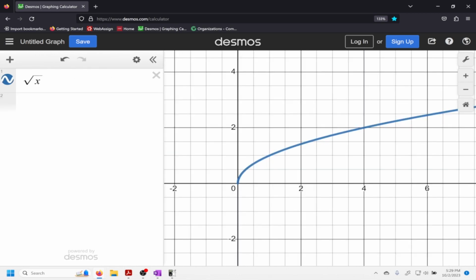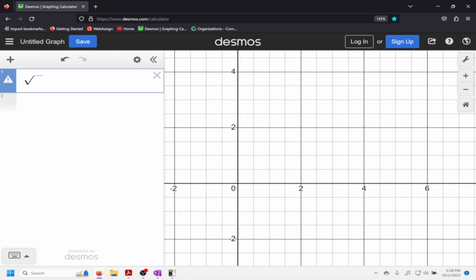We're going to graph the square root of 7x minus 14, and watch. Look how that function shifted over 2 units to the right. And that's because this is where the domain starts. So the domain is going to be any x value you want, but it has to start at 2 and stay positive.